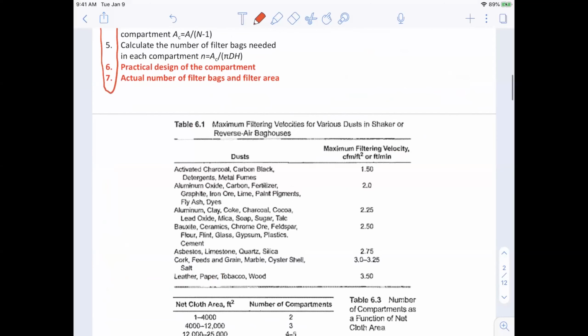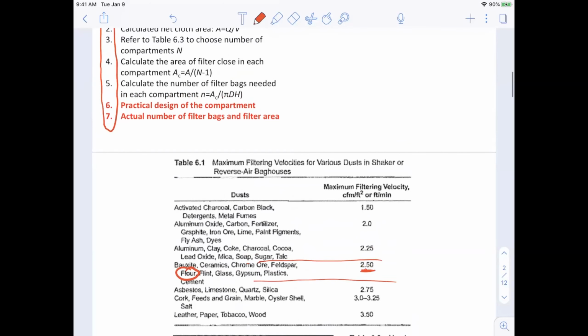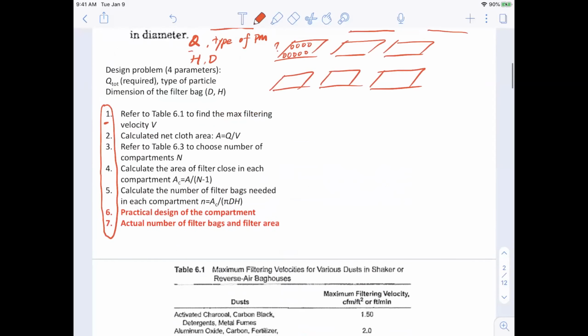I think we also had a quiz during our class where we introduced this concept. Basically the flour is here, right? So you can find that the maximum filtering velocity is going to be 2.5 feet per minute, right? So in step one, V is 2.5 feet per minute.